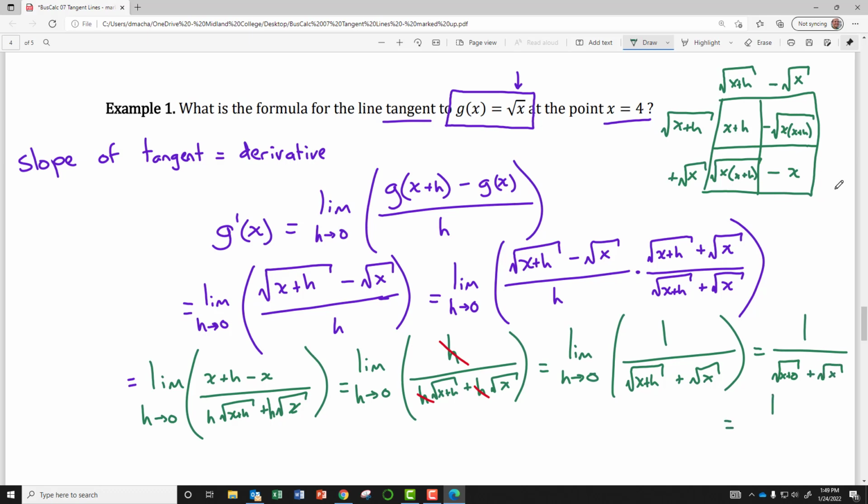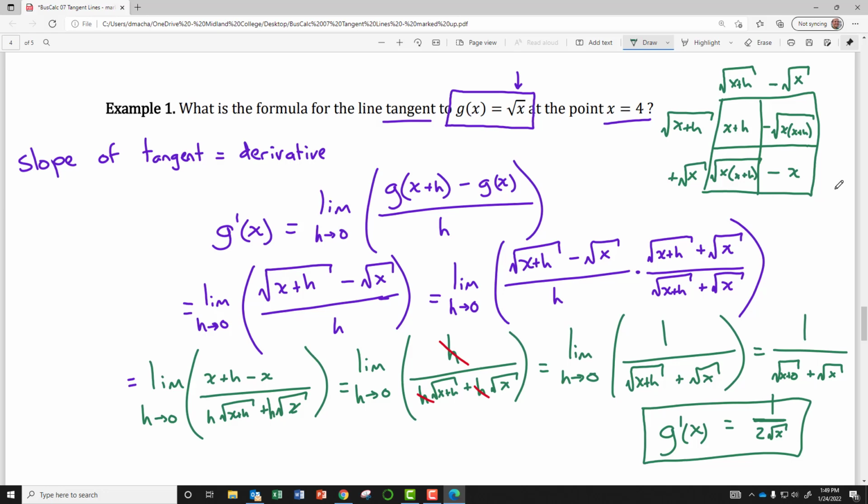This is 1 over 2 square root x in the denominator. And this is what we would call the derivative. So I can write g prime of x is equal to 1 divided by 2 square root x. So we found the derivative of our function g.